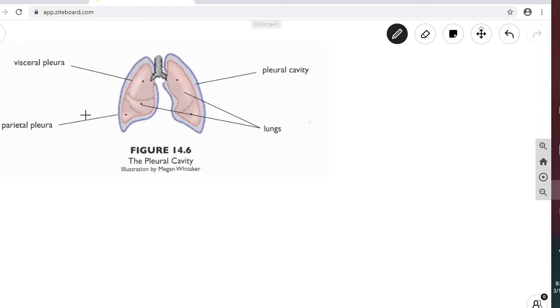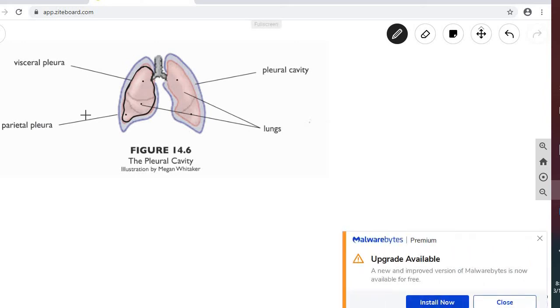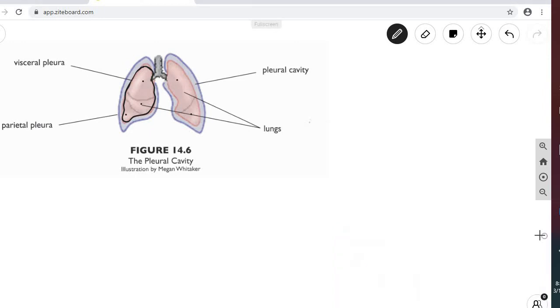The visceral pleura is a membrane that goes around the lungs, so I'm outlining it here. And then the parietal pleura lines the diaphragm or the chest wall. So where the lungs actually fit into the chest wall, there is another membrane.